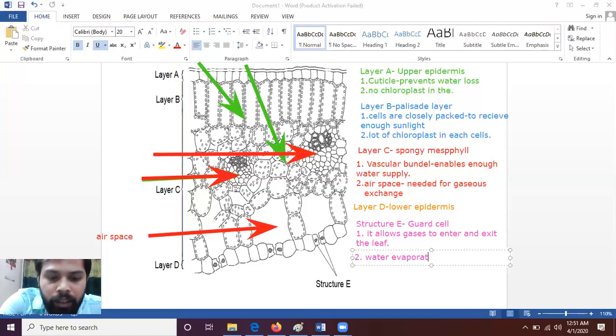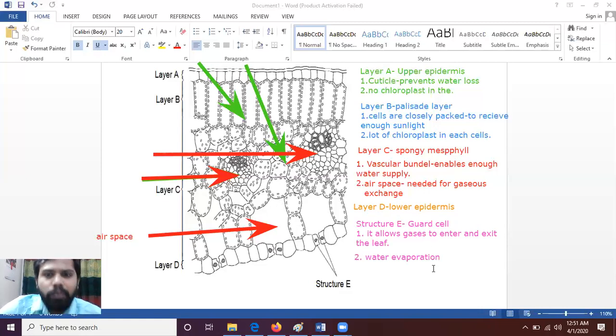During daylight, whenever there is sunlight, the guard cells open up like a door, and there is a space. Through that space, water diffuses from cell to cell and comes out of the guard cells, and that process is called transpiration. I have already done a video on transpiration, so you can look at that. So the second function of guard cells is to allow the water to come out of the leaf.